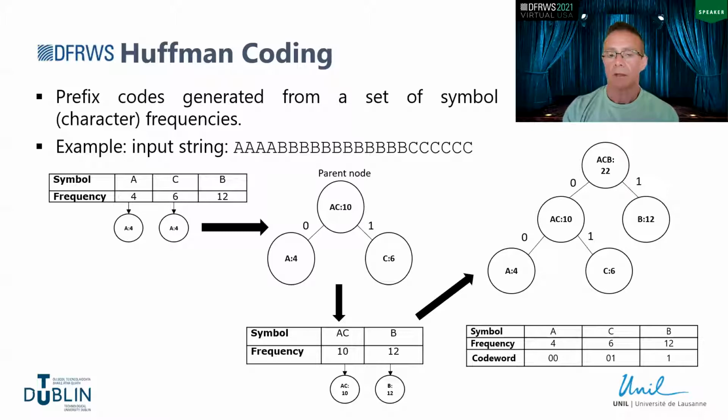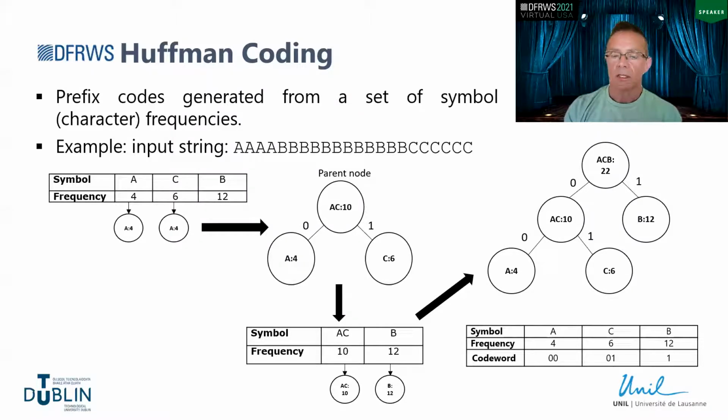I should have said that as the tree is constructed, the convention is that we add a 0 to the left-hand child and a 1 to the right-hand child, and these are used as the binary code word as we construct it. So if you look at our example, the Huffman code word is obtained by following the root node down to A, so that's 0, 0. C is 0, 1, and B is 1.